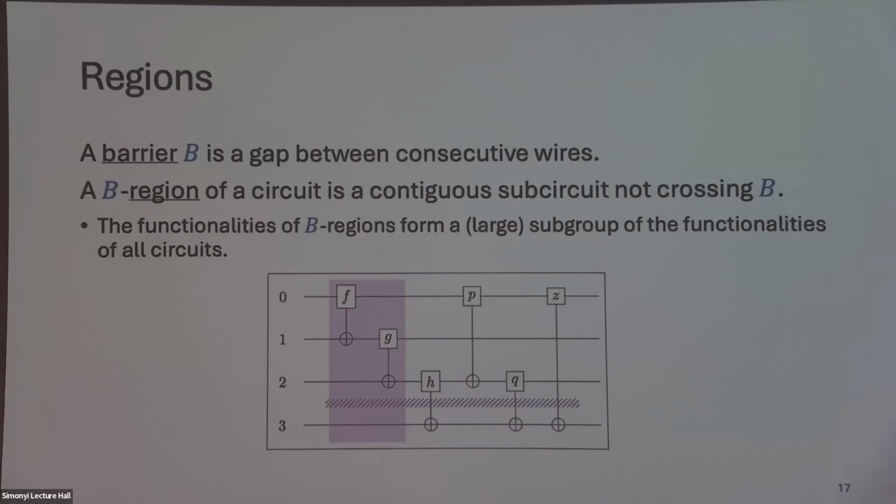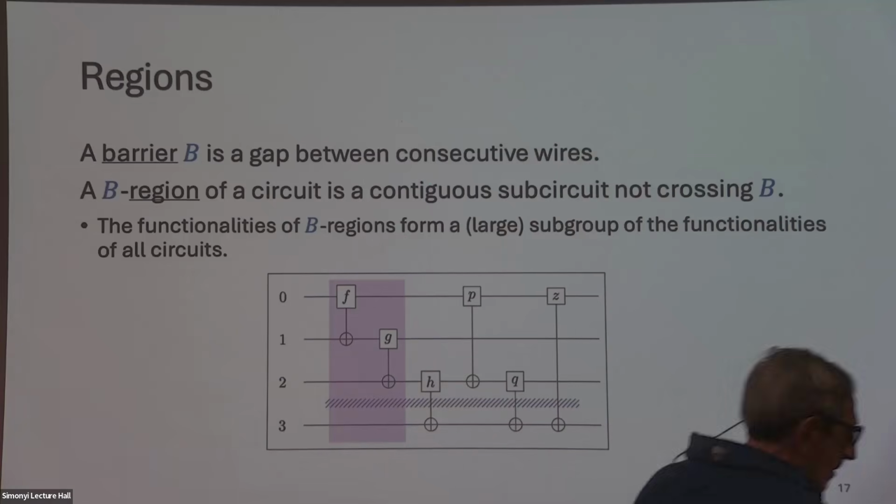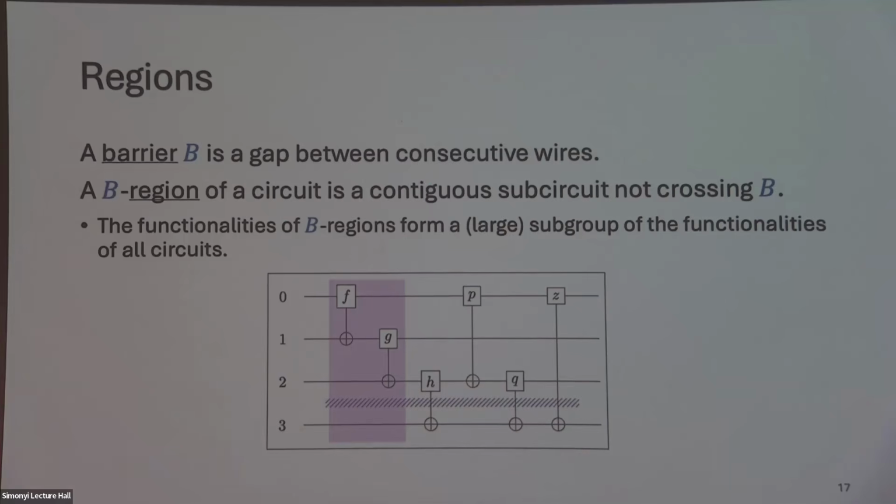If you want to think of it as a matrix, you have a bunch of 1s on the diagonal, and then these subgroups correspond to, maybe I have a 0 here, and then I have some coefficients here, and also some coefficients here. That's what this restriction would mean in terms of matrices.